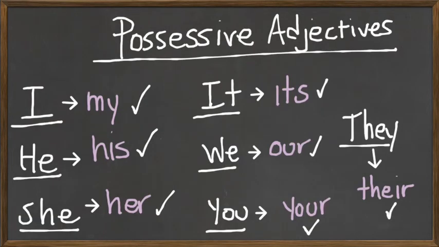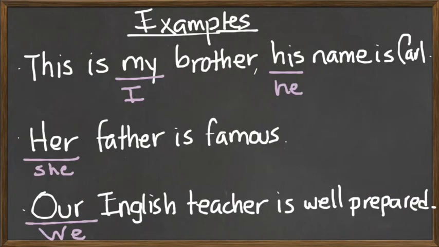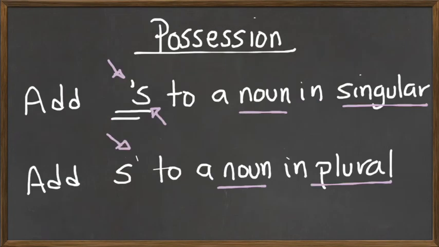Don't forget that each subject pronoun has its own possessive adjective. My, his, her, its, our, your, and their. We saw some examples there. In possession, don't forget that the apostrophe goes before the S in singular, and in plural it goes after the S.